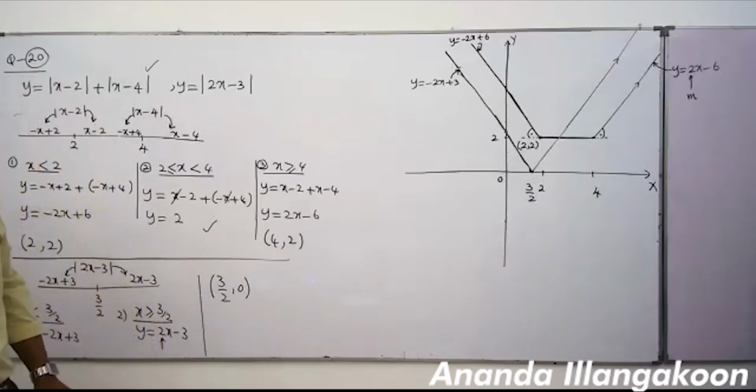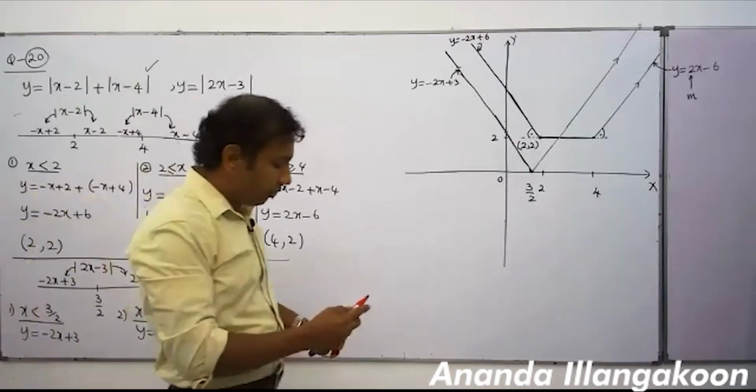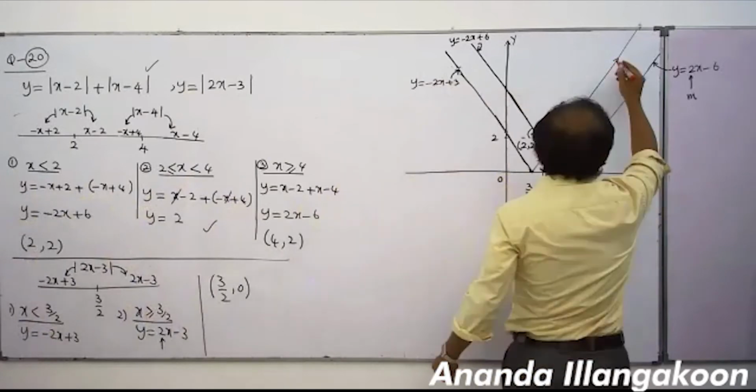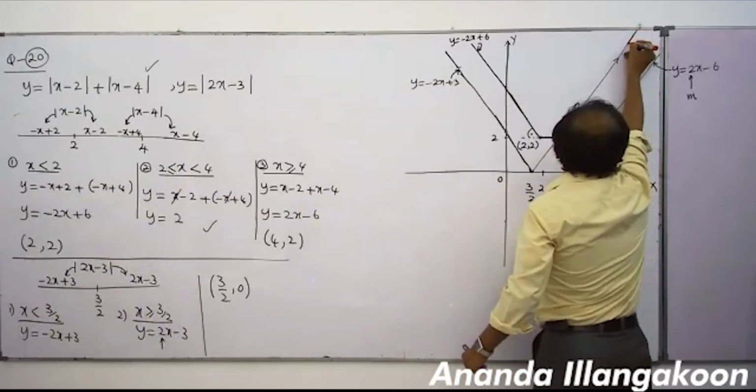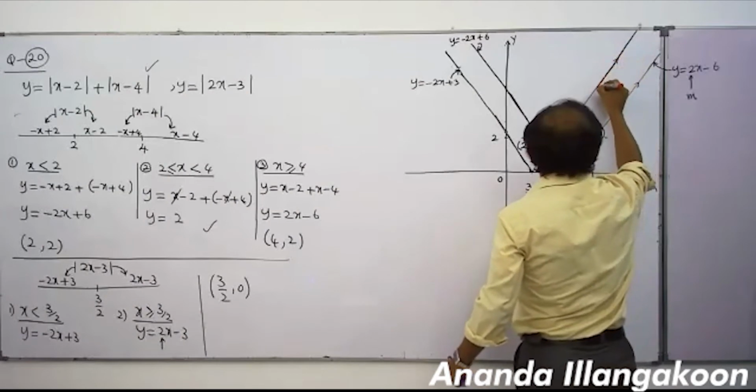Right. Now, I draw this line with red color. Can you see that red? No. On the black, I am drawing that.